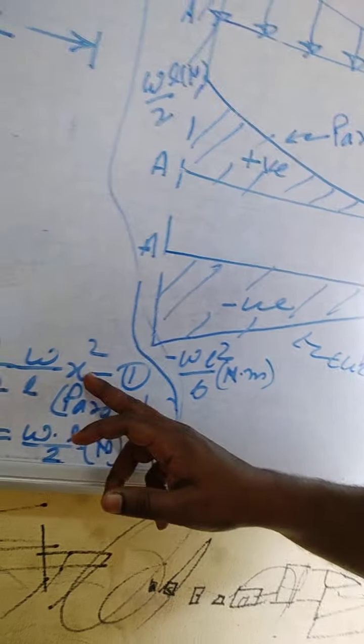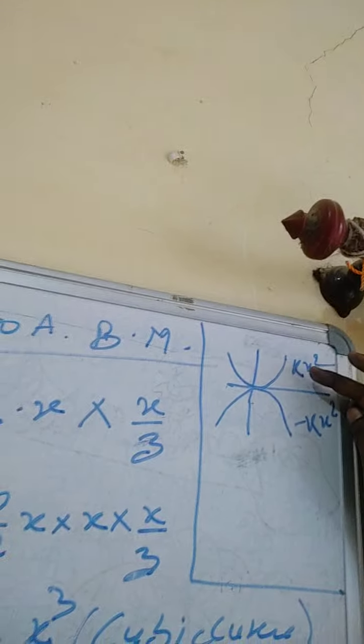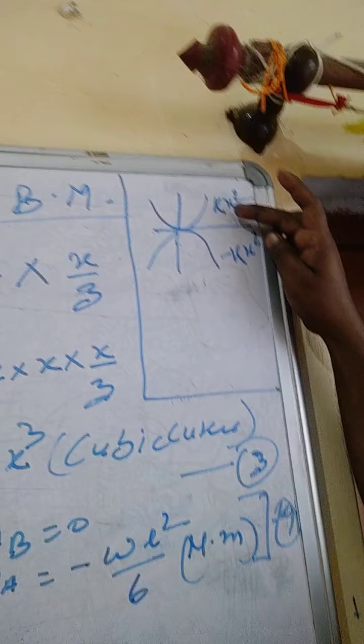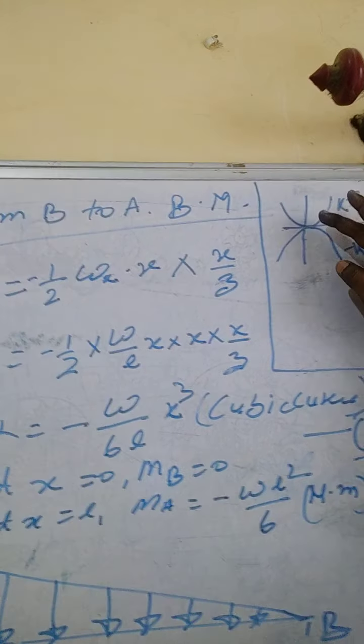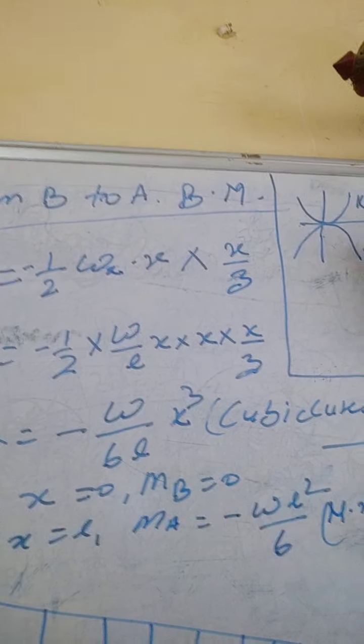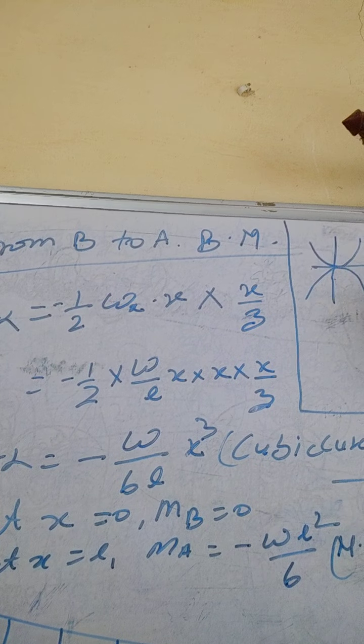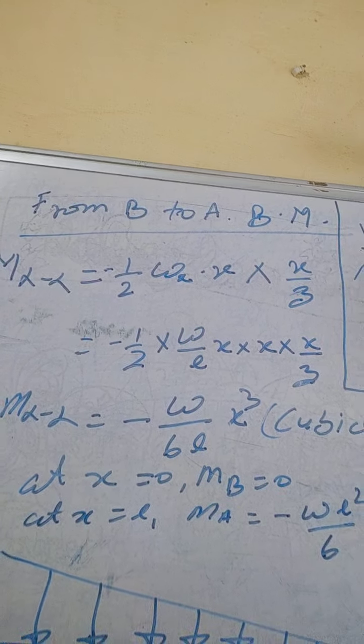So the equation will be a parabola, and since the coefficient of x square is positive, the mouth of the parabola will be opened up. If the coefficient of x square is negative, the mouth of the parabola will be opened down.